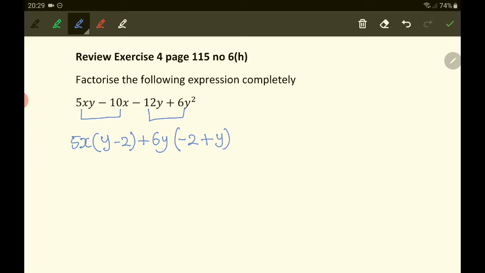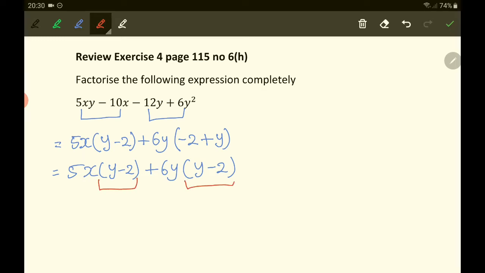Okay, so here we can rearrange: minus 2 plus y becomes y minus 2. So we have 5x times y minus 2, plus 6y times y minus 2. We can see this is y minus 2, y minus 2, and this one is 5x and 6y.